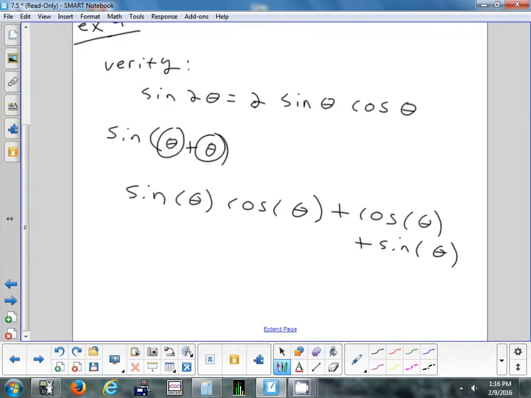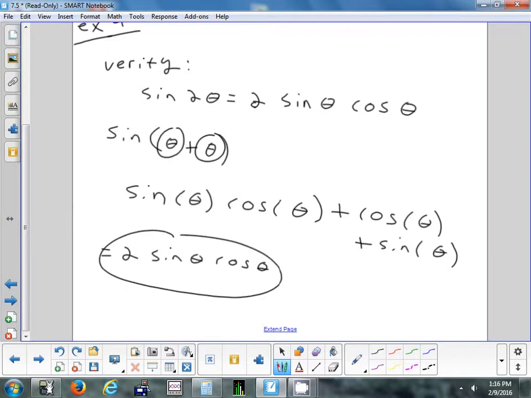The second one is also sine times cosine. How many sine times cosines do we have? 2. 2 sine cosines. Now the second one is in a different order, but that's the commutative property. You could switch that. Okay. That's the only double angle formula we're going to prove like that from scratch.